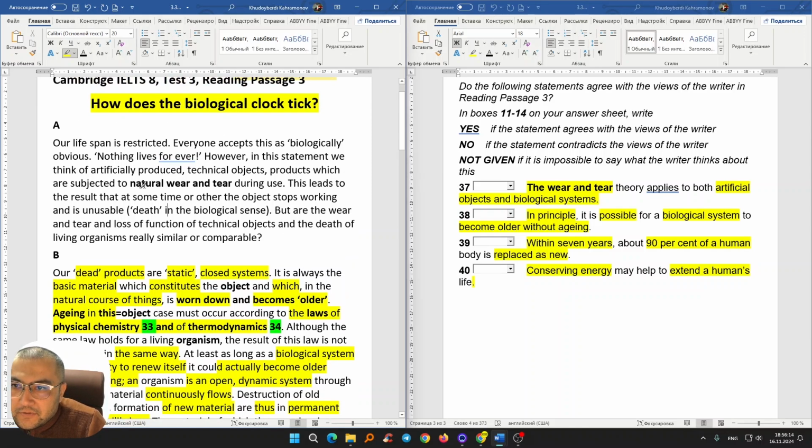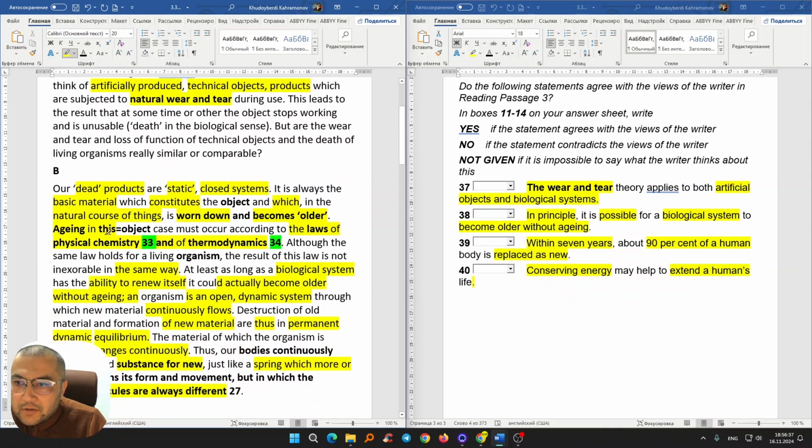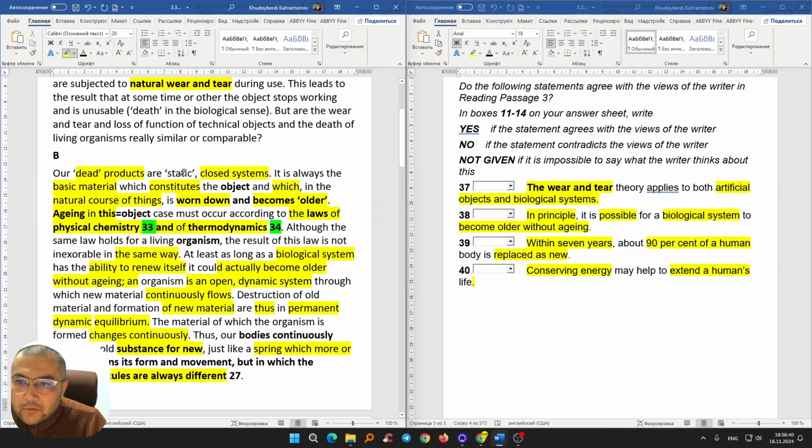Okay, so however, in this statement we think of artificially produced technical objects, products which are subjected to natural wear and tear during use. This leads to the result that at some time or other objects stop working. Our dead products are static, closed systems. It's always basic material which constitutes the object and which in the natural course of things is worn down and becomes older.